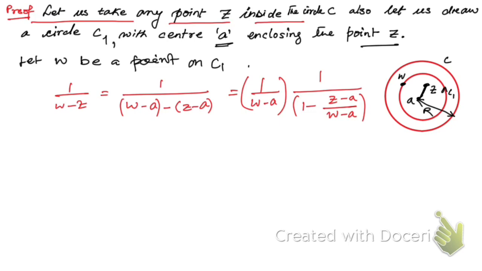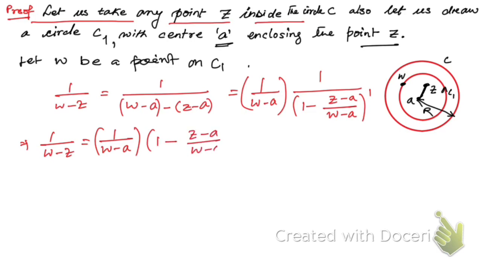So now you see, 1 by w minus z is equal to 1 by w minus a times 1 minus z minus a by w minus a, whole to the power minus 1. We are going to apply the binomial theorem.